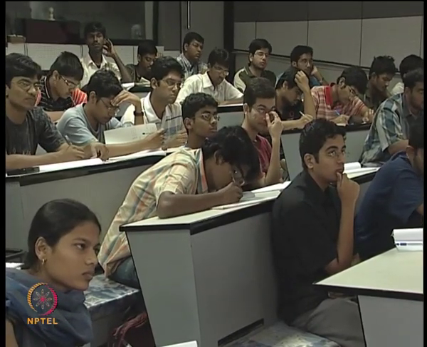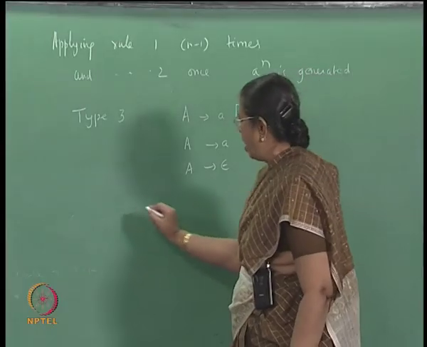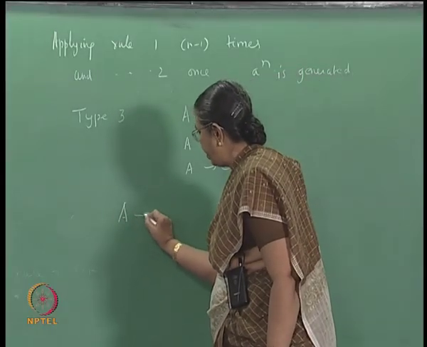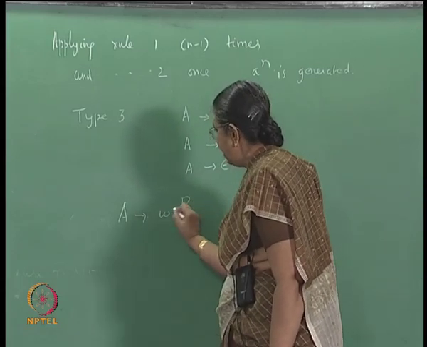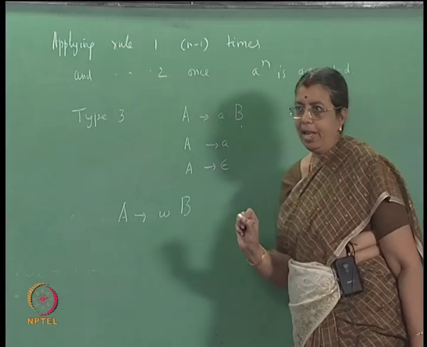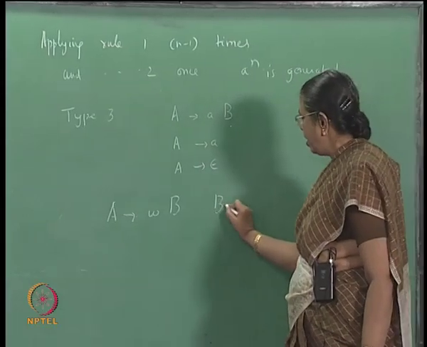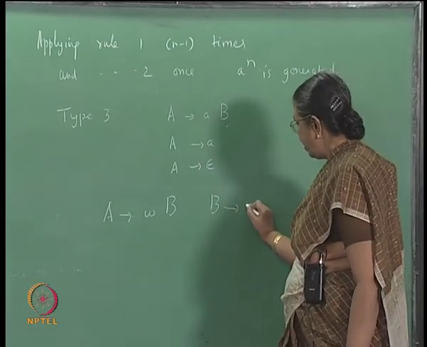Sometimes the definition of type 3 is given like this. On the left hand side you have a non-terminal, on the right hand side a terminal string followed by a non-terminal, or a non-terminal going into a terminal string.